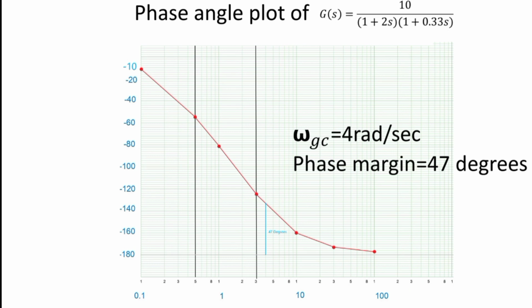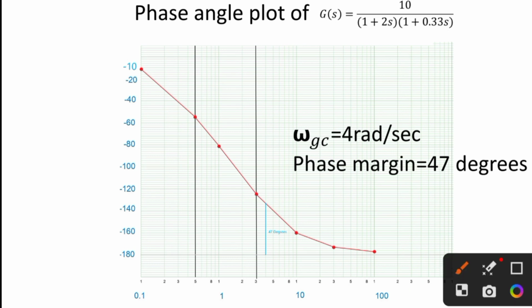And omega gc, the gain crossover frequency, is calculated as 4 radian per second. Draw a vertical line at omega gc, and the phase margin is calculated as 47 degrees.